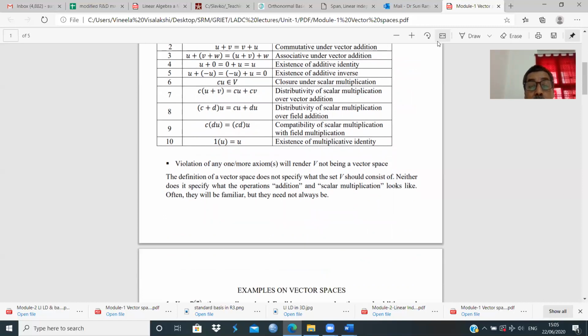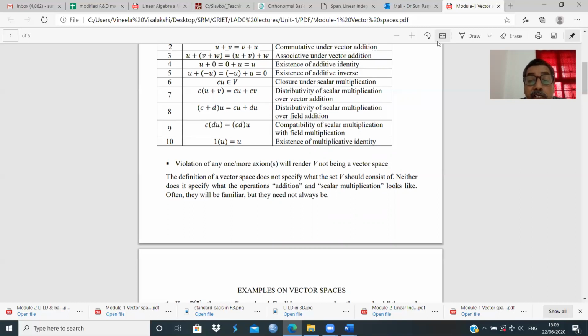Now, this particular paragraph that has been included should caution us not to take the vector space terminology literally, because this V can practically consist of any mathematical objects. They can be simple vectors, they can be matrices, they can be polynomials, they can be integrable functions, and so on and so forth.